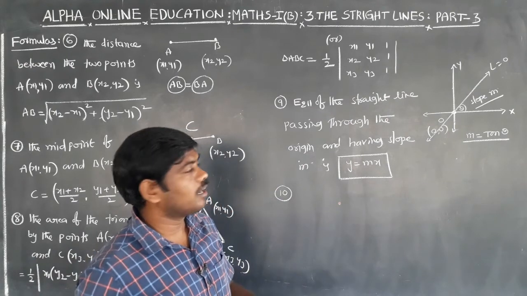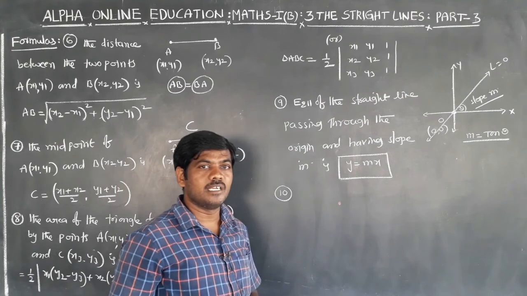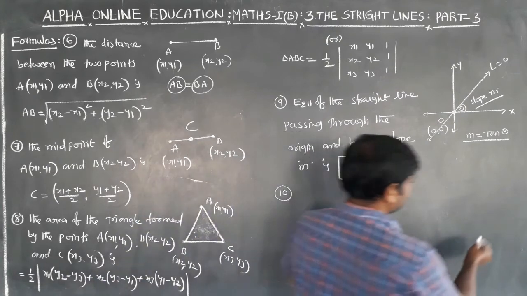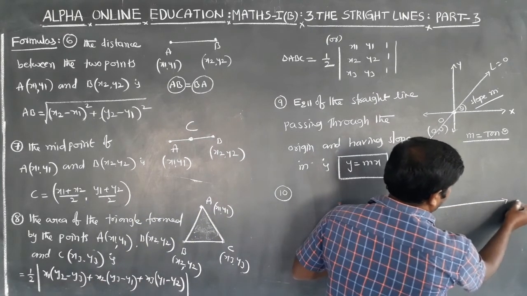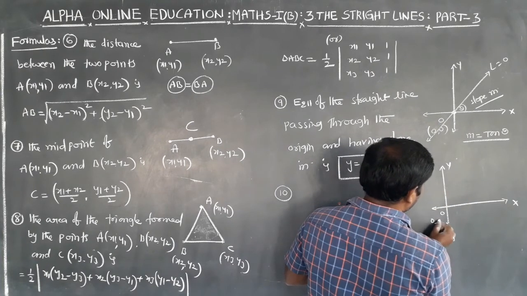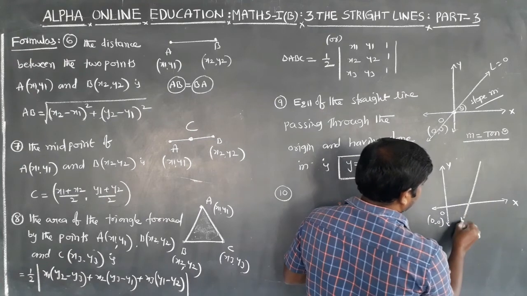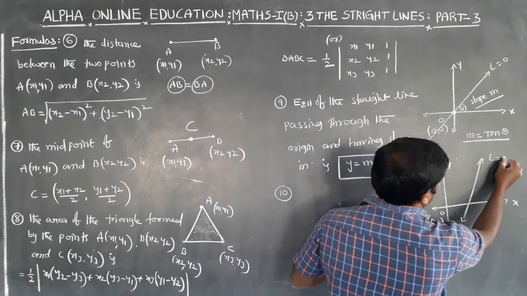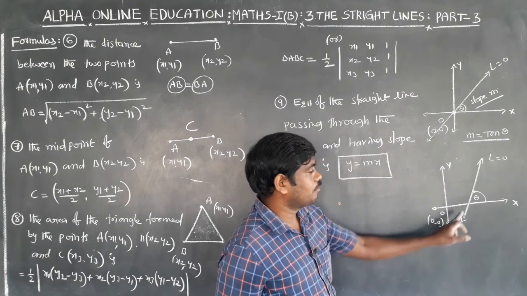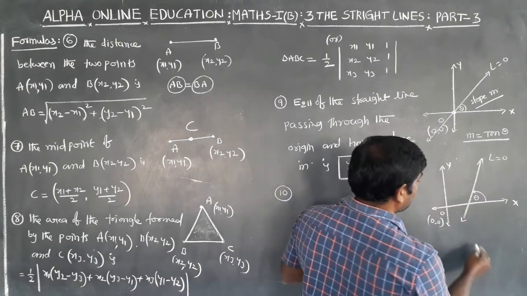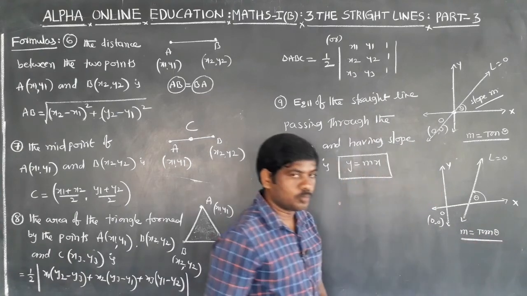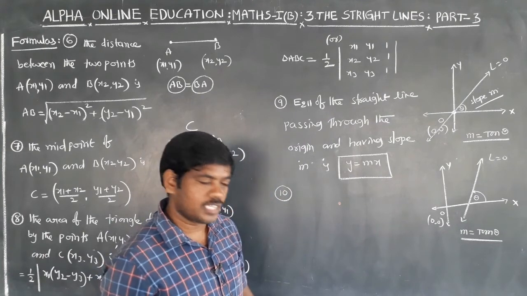Slope means: if a non-vertical straight line makes an angle theta with the positive x-axis in the anti-clockwise sense, then m is equal to tan theta. Slope of the line is tan theta.